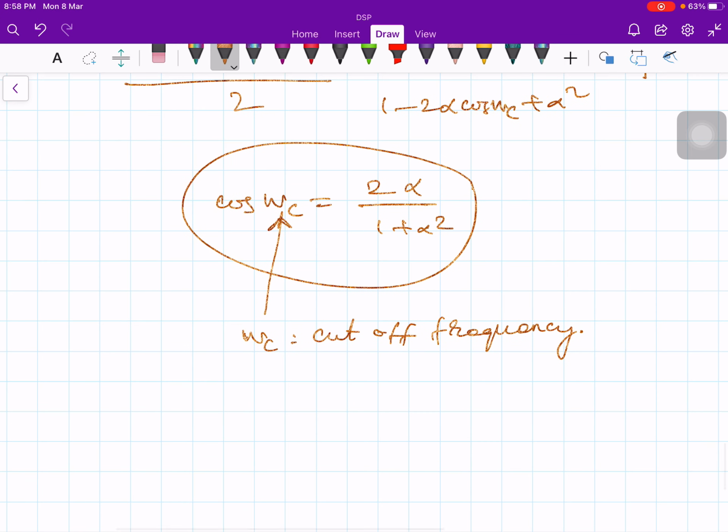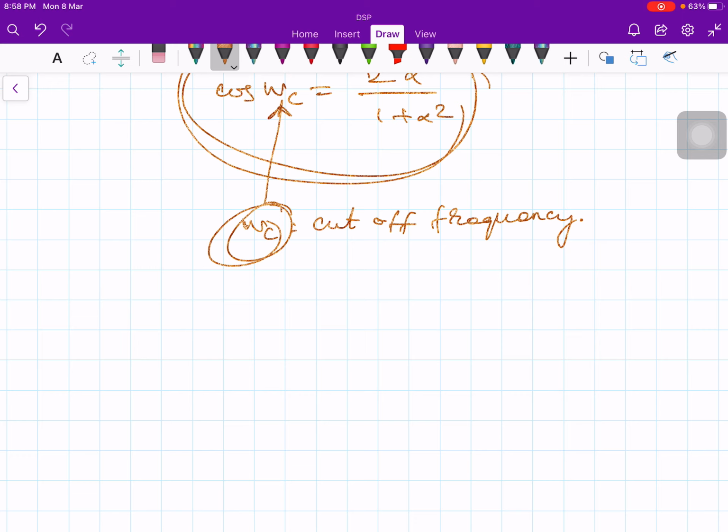So if you are asked to design a filter with a given omega c, there is nothing else you can control, only one parameter alpha, and therefore you can only control omega c. So if omega c is given, then to find alpha you have to solve this quadratic equation, 2 alpha divided by 1 plus alpha square.